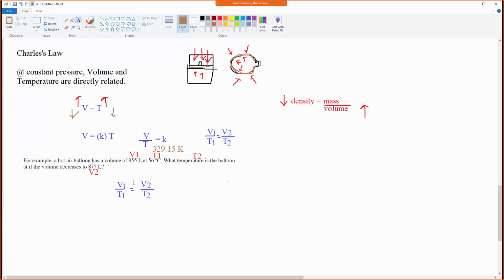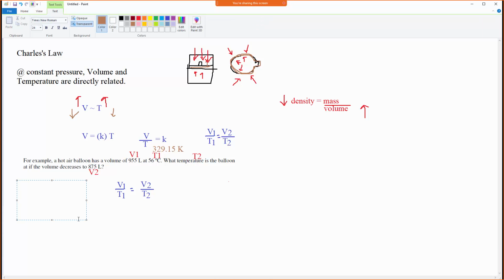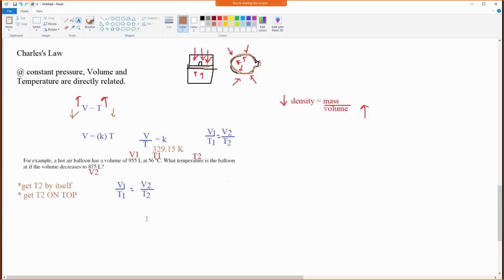So to solve for T2, we have to get it by itself and get T2 on top. This is tricky because it's on the bottom. There are a couple of different ways to do this, but I'm going to do it stepwise. It's a little bit more tedious.